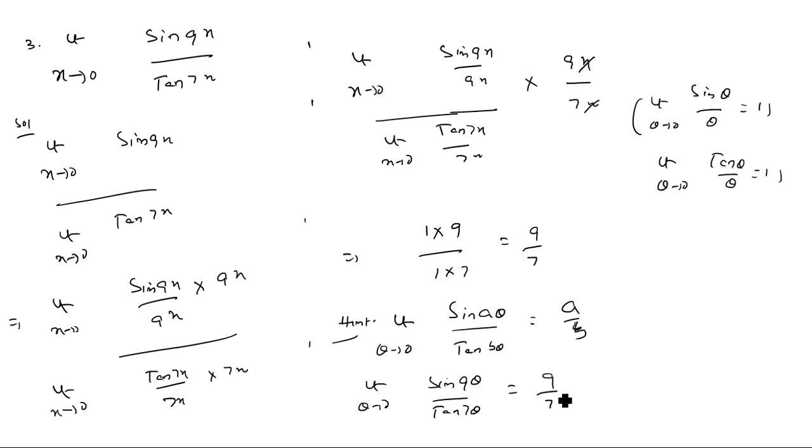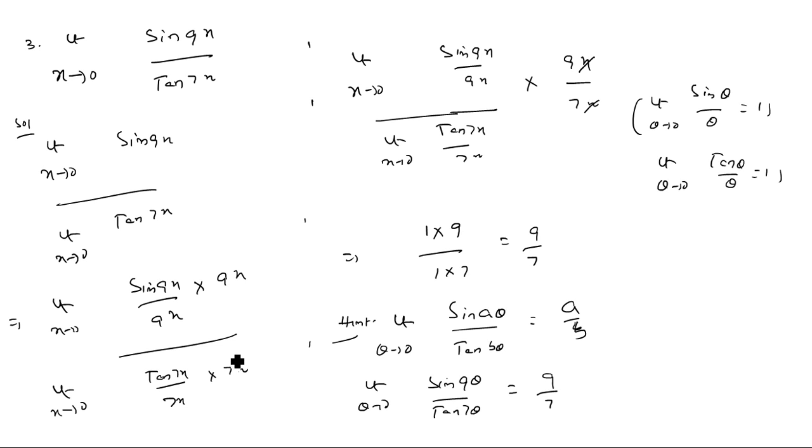So here, what is the form? The basic one is limit theta tends to 0 sin theta by theta. Here we have 9x but we do not have a 9x in the denominator, so we multiply and divide by 9x. Similarly for 7x, we multiply and divide by 7x.